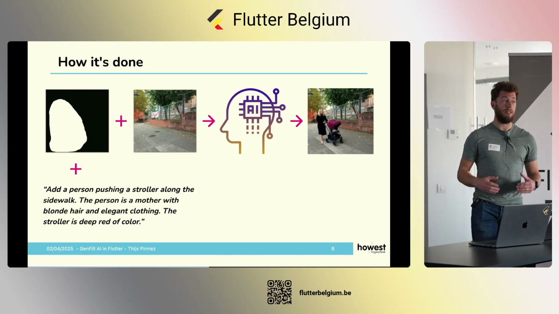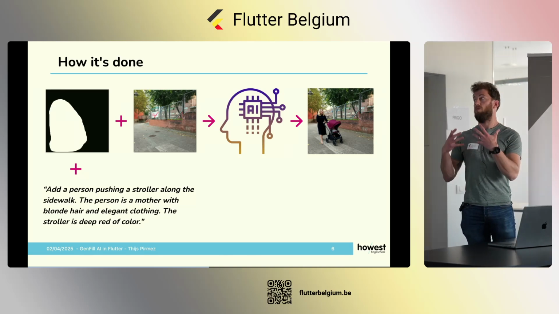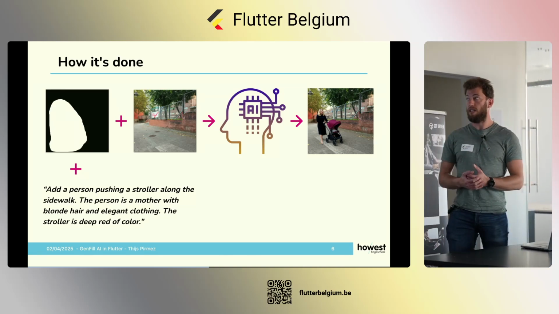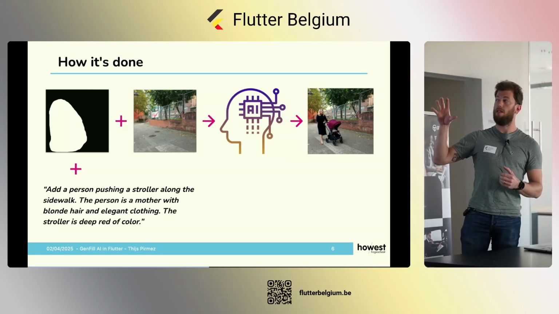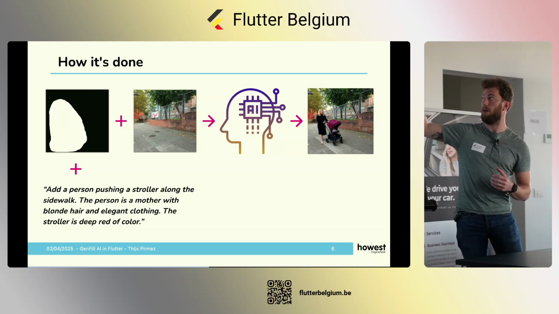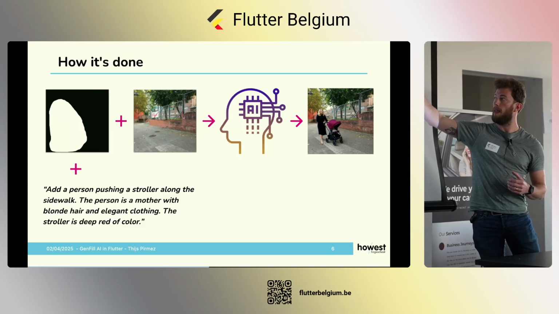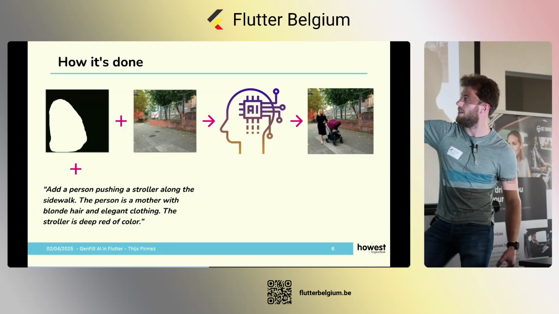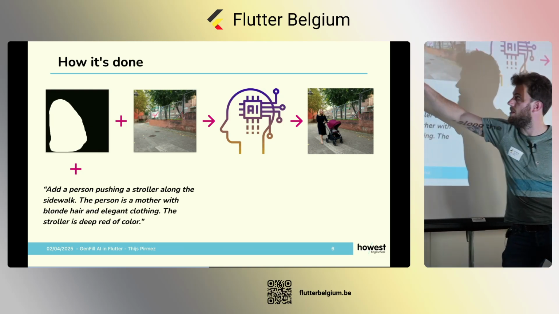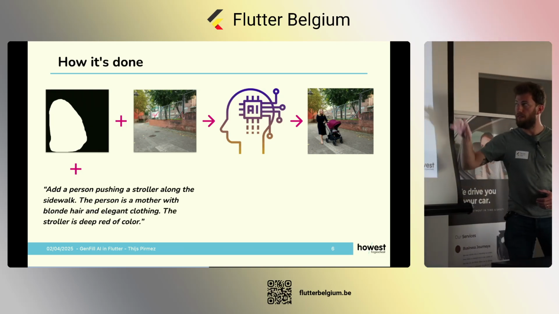So how does it work? If you don't have to train the model yourself, it's quite easy. The input you give to the model is the original image. You have to somehow create a mask. We call that a mask, that's the black image over there with the white spot. And you give it a prompt.